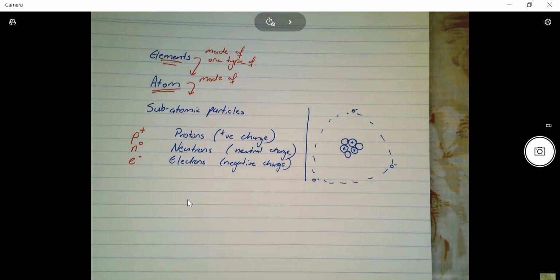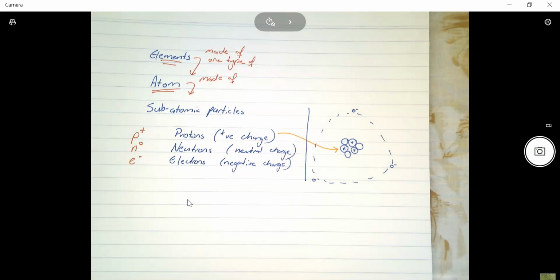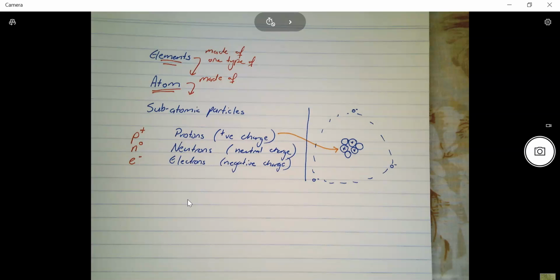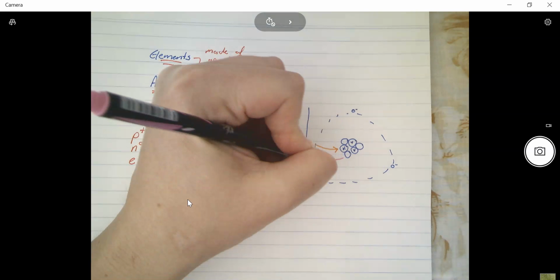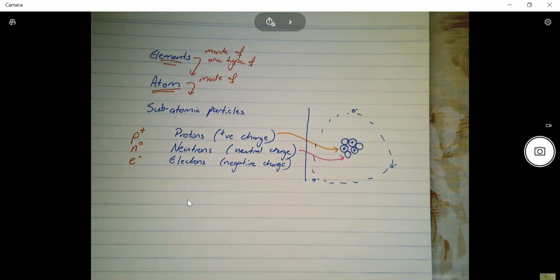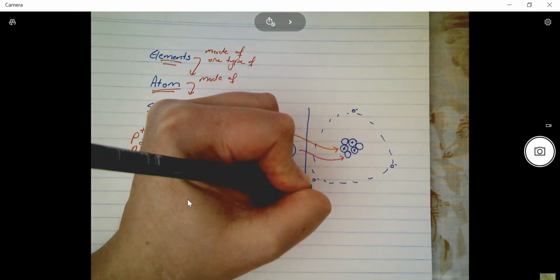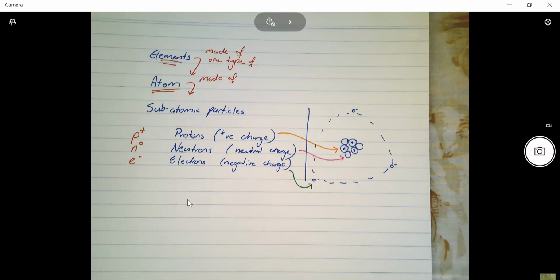So again, protons have the positive charge. Our neutrons are also located in the nucleus, but they have no charge. That's why I don't have a symbol there. And electrons travel around the outside of the nucleus. They have a negative charge.